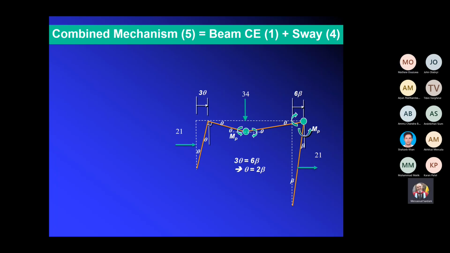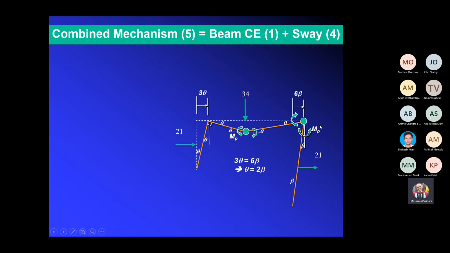Because they are rotating in opposite directions. For this beam mechanism, this segment is rotating anti-clockwise, whereas this is rotating clockwise, as we said. So if I add the beam mechanism here, that will give me a hinge at this corner. Okay, so that's not good. So I don't need to consider this combination.